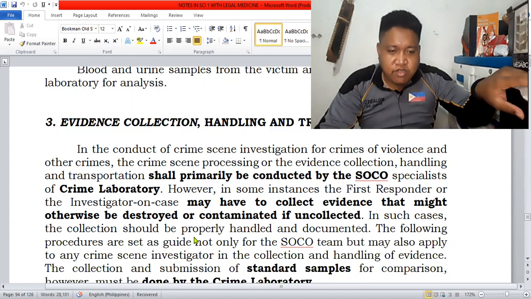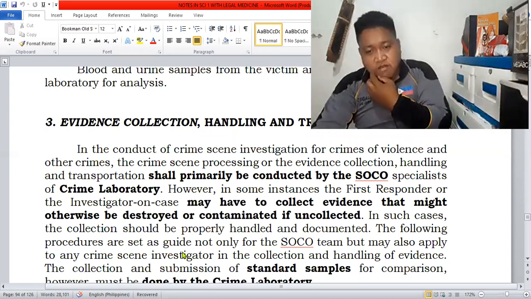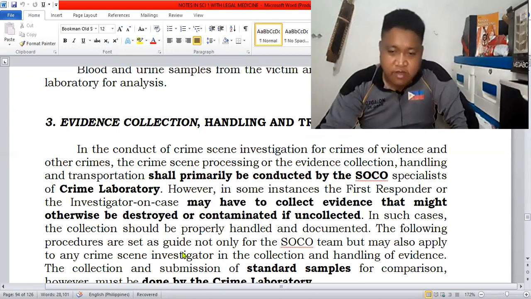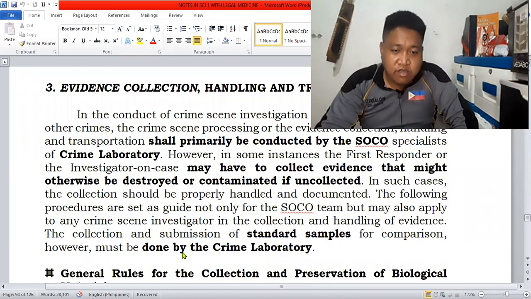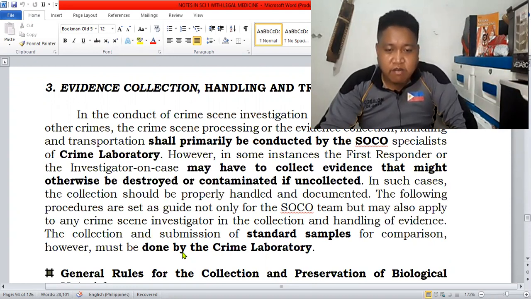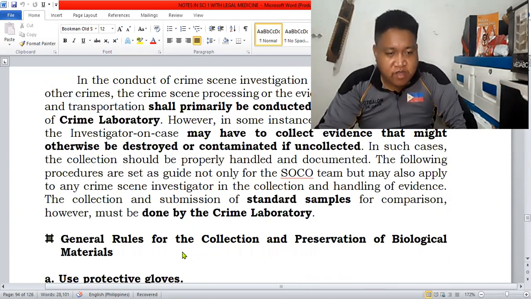The following procedures are set as a guide not only for the SOCO team, but may also apply to any crime scene investigator in the collection and handling of evidence. The collection and submission of standard samples for comparison, however, must be done by the crime laboratory.